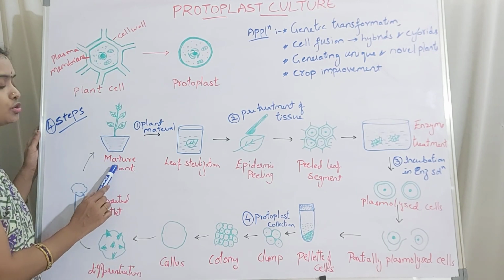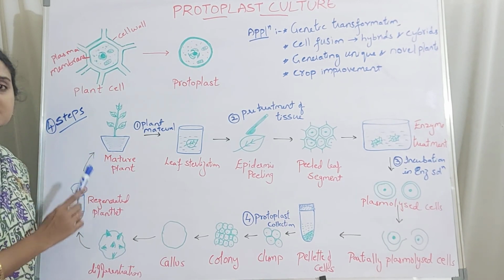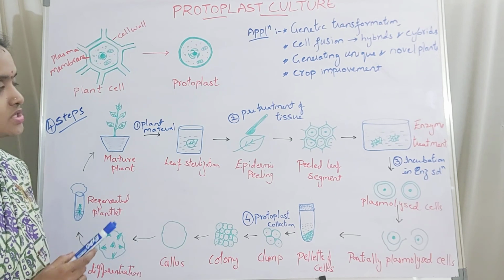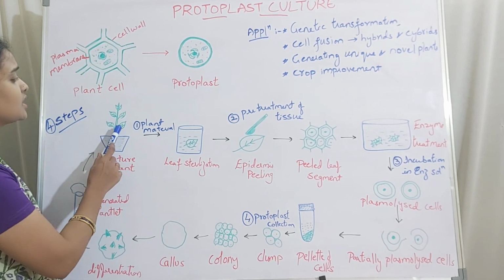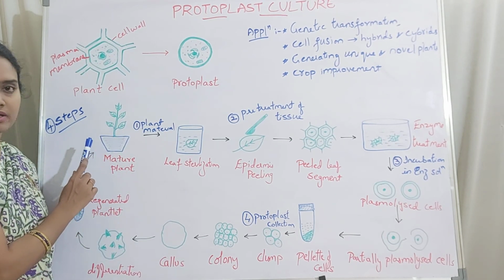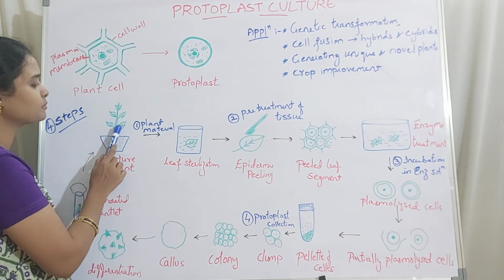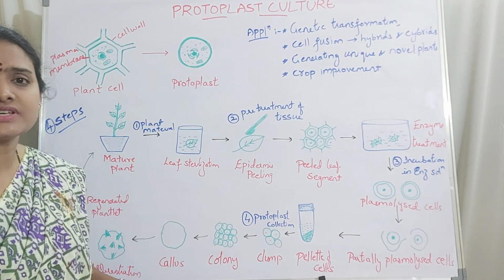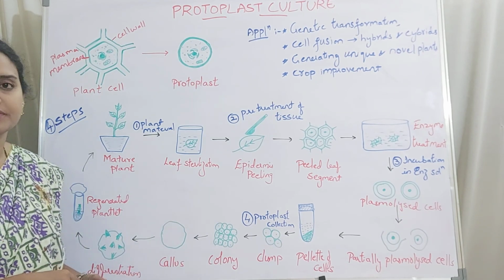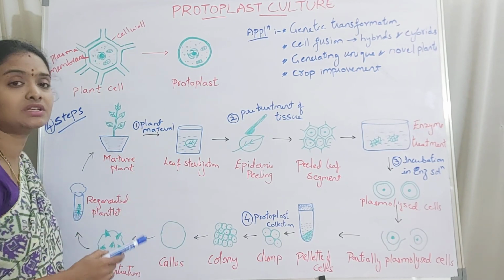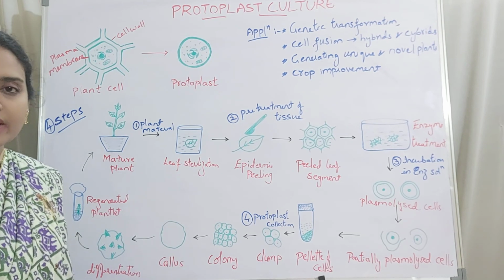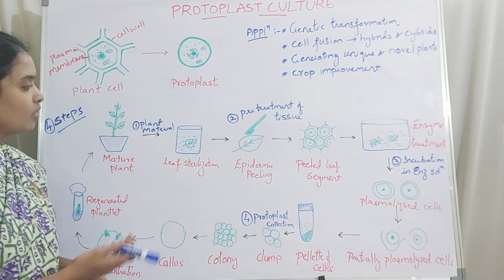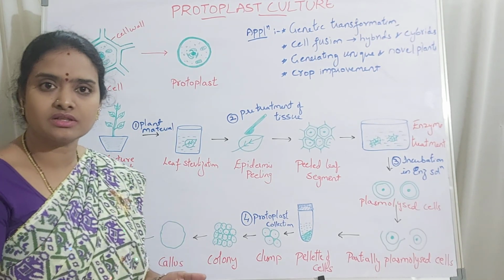First you are going to take a mature plant which is disease free. Okay, mostly for protoplast culture we take the leaves as explant. So the explant, the plant material is collected and you go for the surface sterilization of the leaf. So surface sterilization can be done by using mercuric chloride or sodium hypochlorite, or you can use silver nitrate, right?